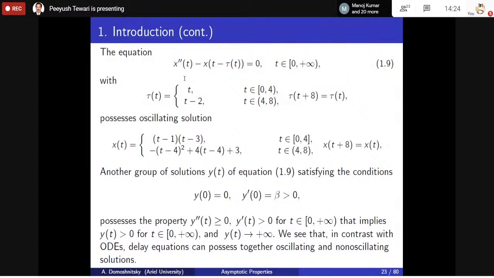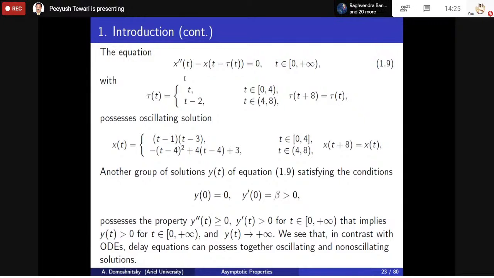It is absolutely impossible for an ordinary differential equation if tau of t is 0. We have only two roots of the characteristic equation, 1 and -1, and it is impossible to achieve oscillation.